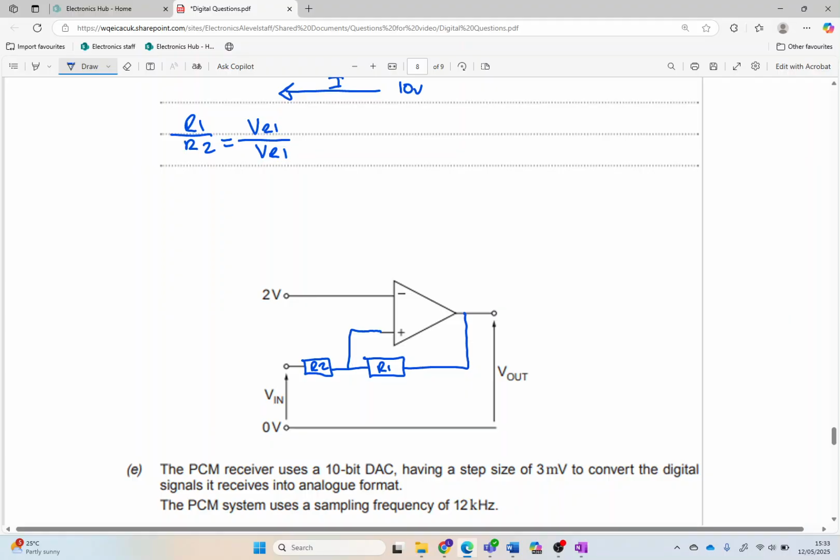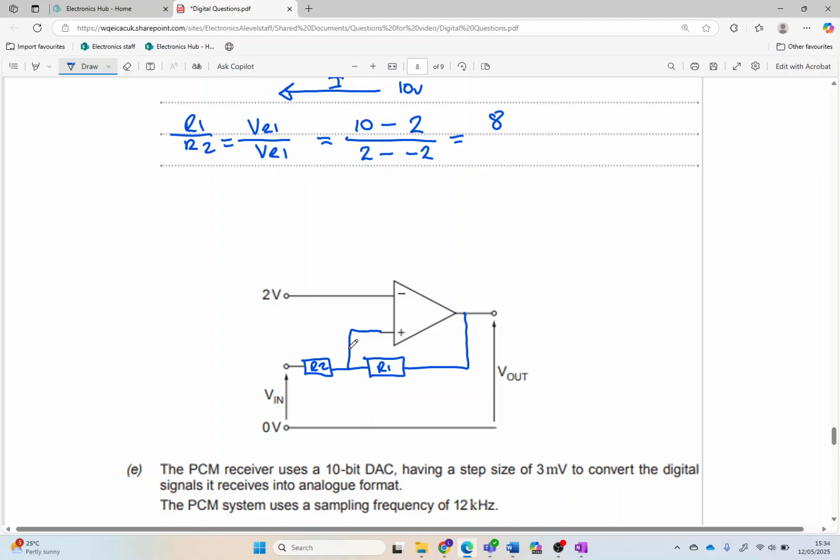So therefore, the voltage across R1 is 10 volts minus the 2 volts that I've got just here. Then with the current going in this direction, over the lower resistor I've got 2 volts minus the minus 2 volts that I've got on V in as my lowest saturation volt.